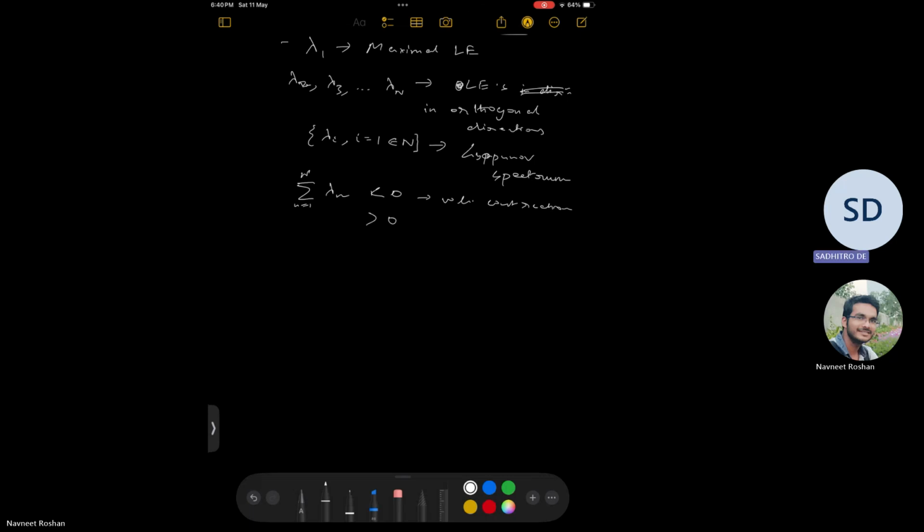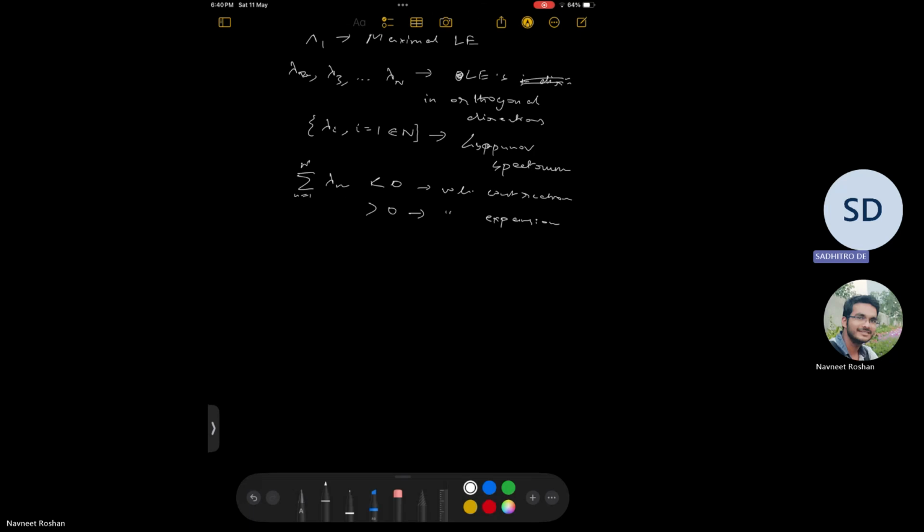If it is greater than 0, it means volume expansion in phase space. What do these two things mean in principle? If there is volume expansion, then any infinitesimal volume will go on increasing with time and finally go to infinity. In other words, the trajectory starting from any point in phase space would finally end up at infinity as time tends to infinity.